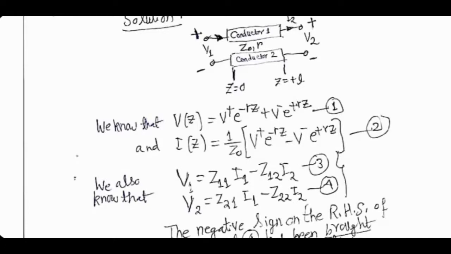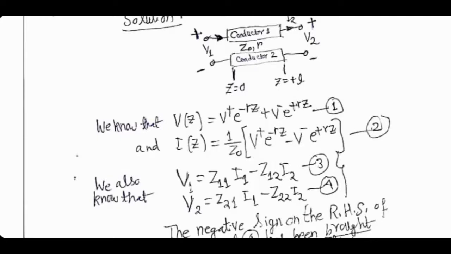In the definitions given by equations 3 and 4, I have put a minus sign because the direction of I2 is different. Originally, when we defined Z11, Z12, Z21, and Z22, we had assumed I2 to be going inside the port, while here we are assuming it to be coming out of the port. So to maintain compatibility with the definition in equations 1 and 2, I am putting a minus sign in the second term on the right hand side of equations 3 and 4.